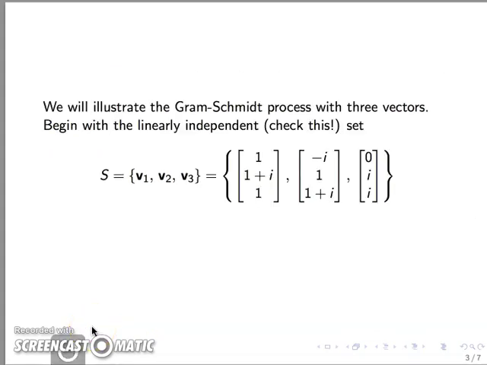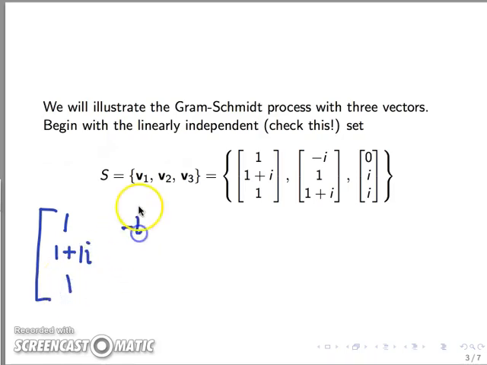We're going to illustrate this procedure with this example. The first thing we have to check is linear independence. We can easily create a matrix and store these columns. This is 1, 1 plus i, 1, that's the first column, then minus i, 1, 1 plus i, that's the second column, and the last column would be 0, i, and i.